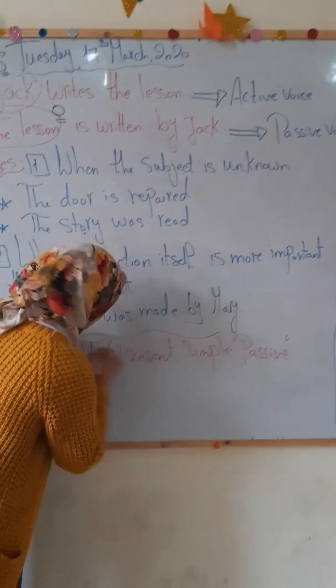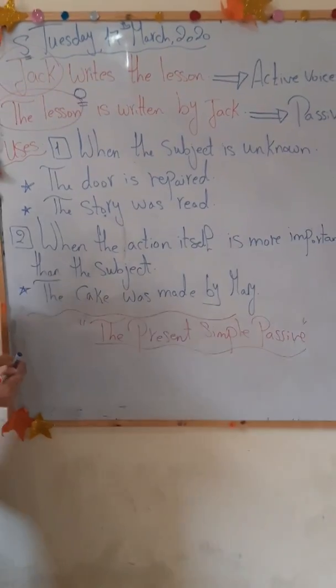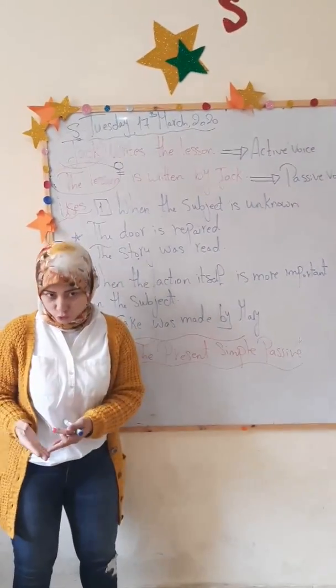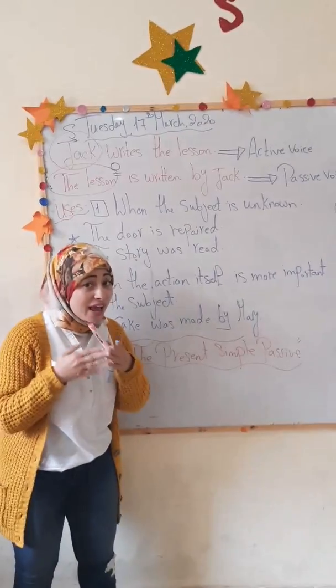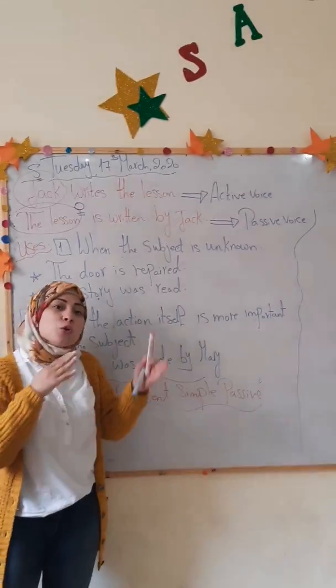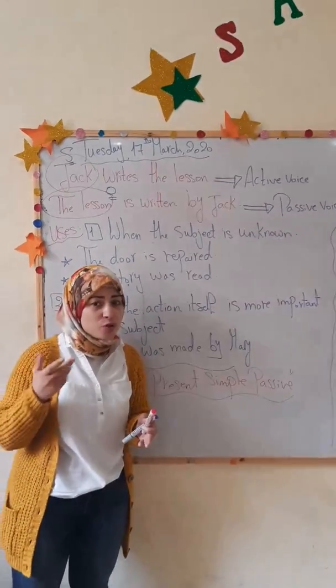In my lesson today, you have to know how to change from active voice into passive voice. In the exam, I will ask you to change this sentence, which is in active voice, into passive voice. Actually, you have certain steps you have to follow.